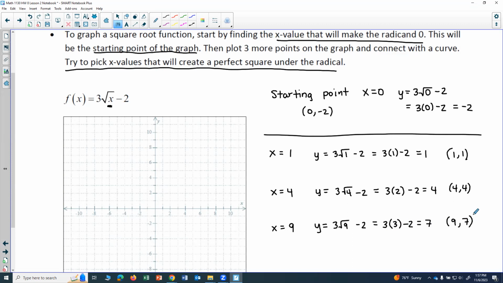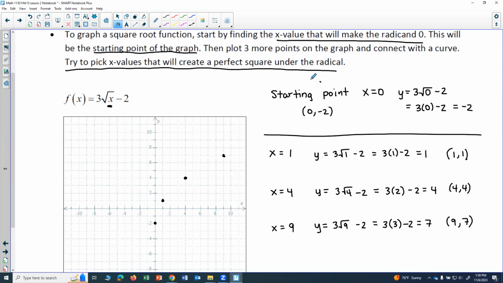So now I just plot all of those points. I'll start with the 0, -2. Then I'll plot 1, 1. Then I'll plot 4, 4. And 9, 7 will be my last one. X is 9, Y is 7.